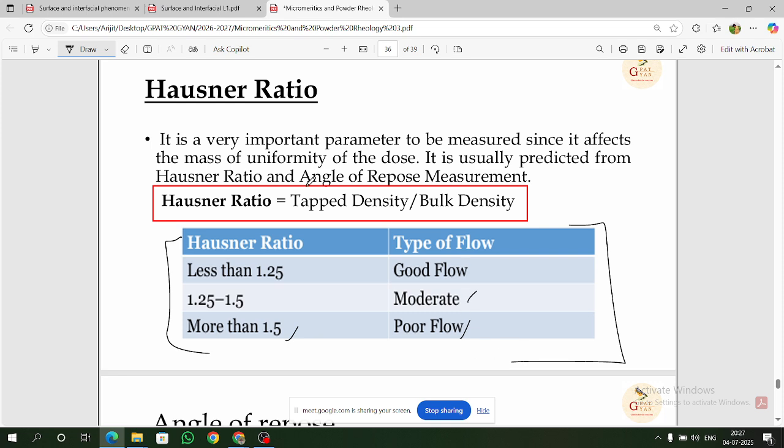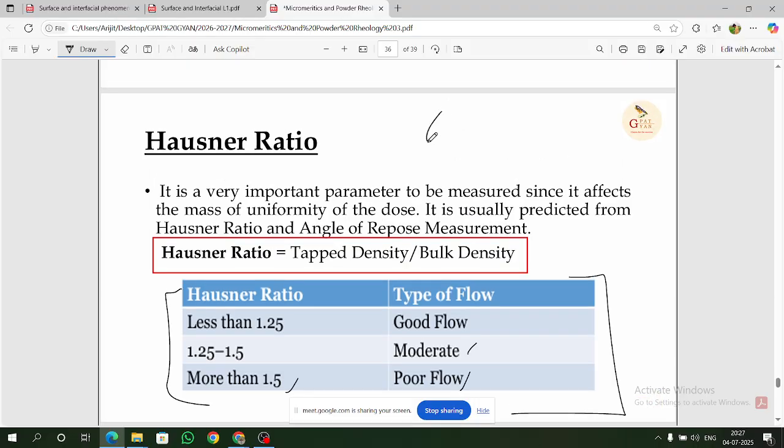The Hausner ratio is important because it can affect the uniformity of dose. Uniformity of dose means, for example, a paracetamol 650 mg tablet. When you study tablets, you will see that according to IP and USP, different regulatory bodies consider some extent of weight variation.